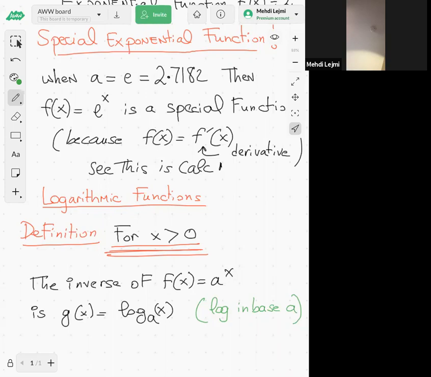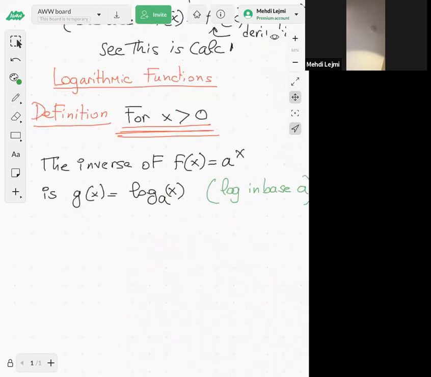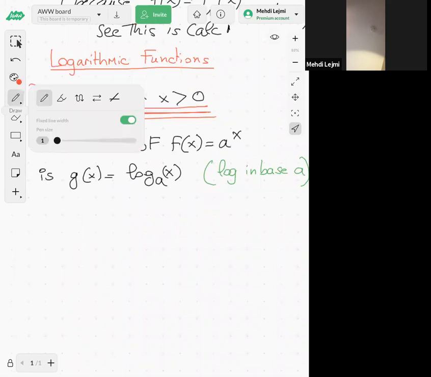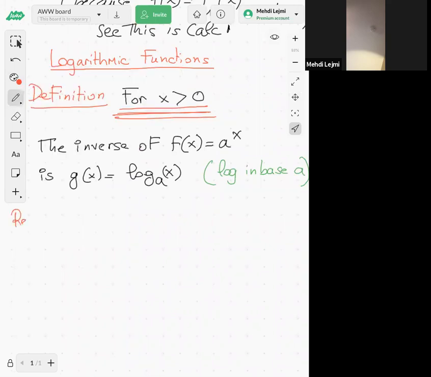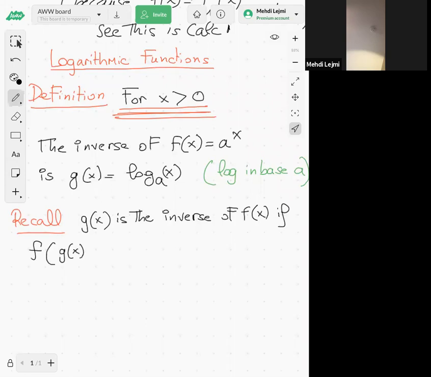Let me just remind you, what does it mean for g to be the inverse of f? g of x is the inverse of f of x if f composed with g of x is equal to x, and g composed with f of x is equal to x. That's the definition of the inverse function.